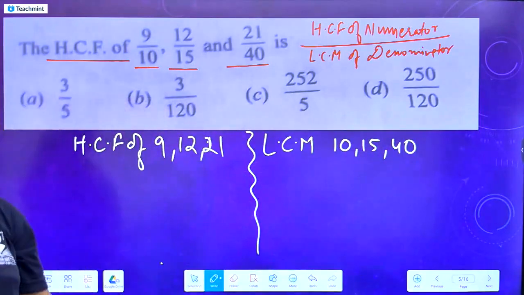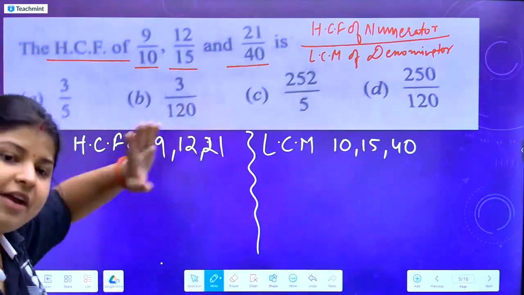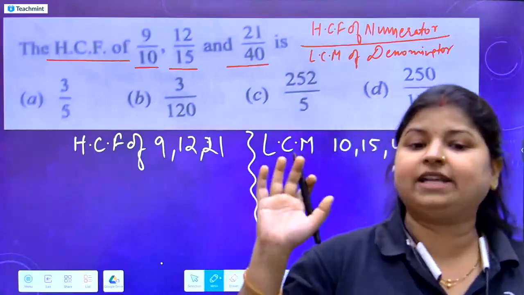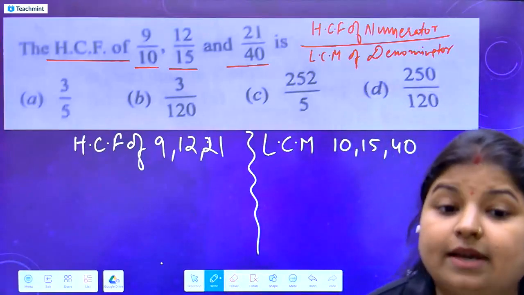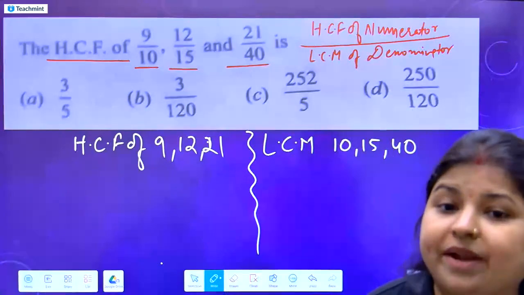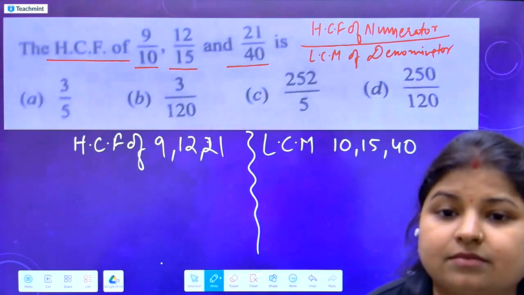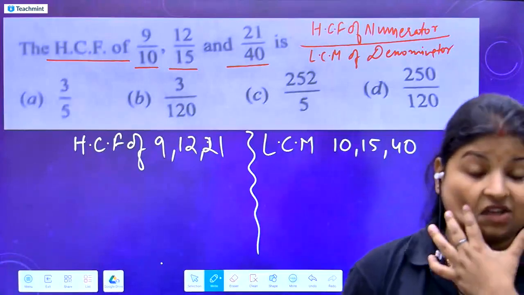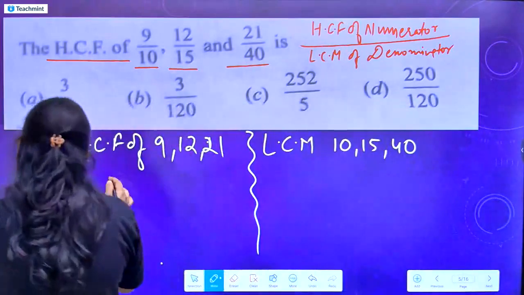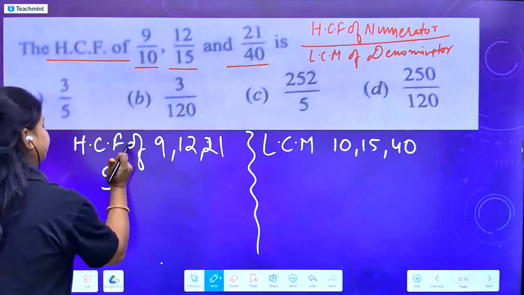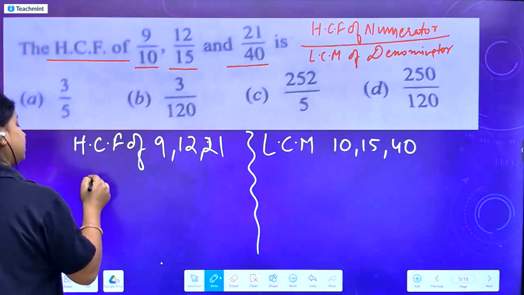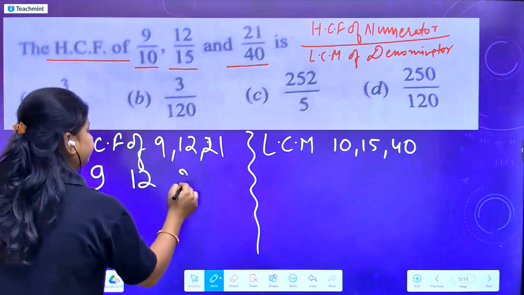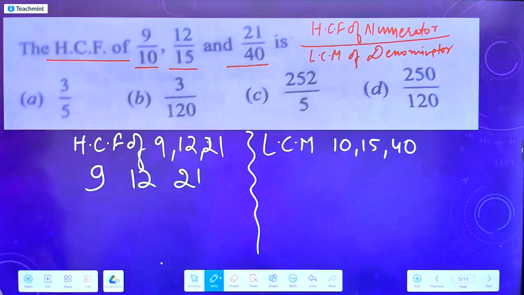Now we will calculate what? HCF of 9, 12, and 21. What can be the HCF? 3. Yes, 3. And how did we do it? Using the difference method that I taught you.